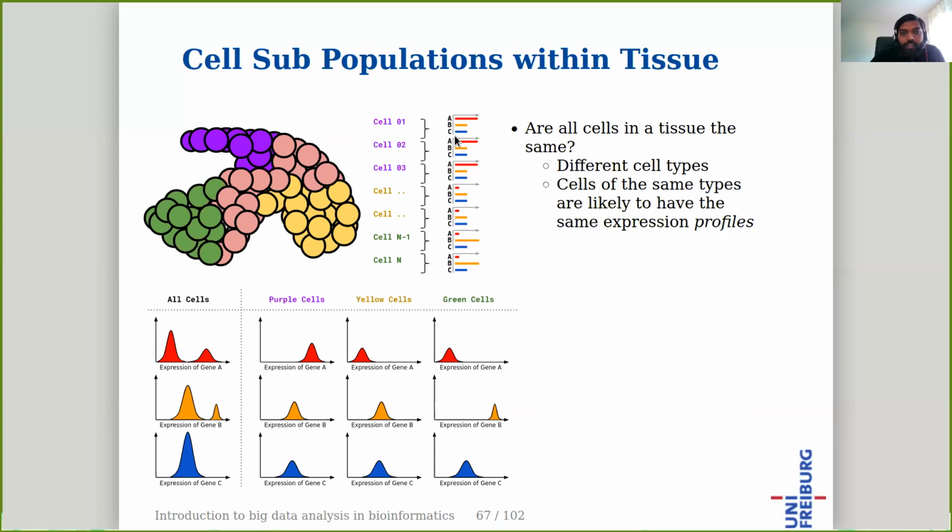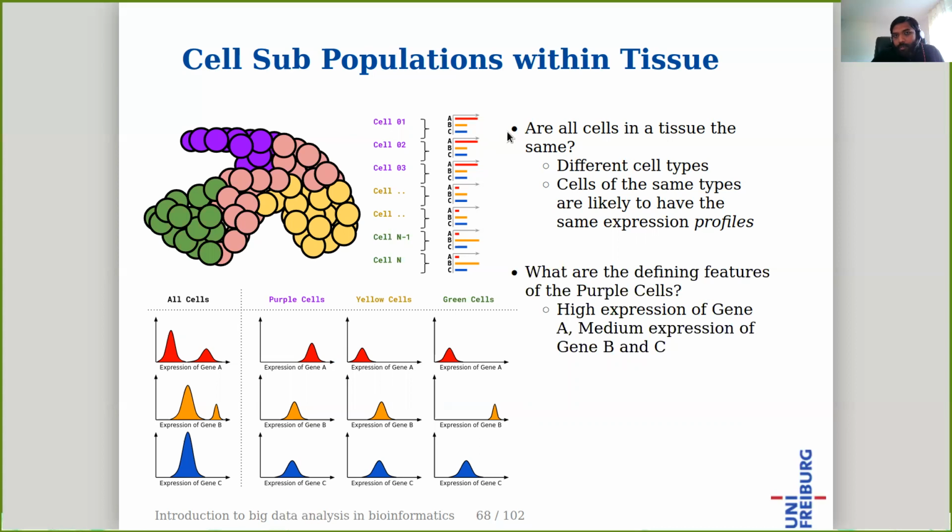You can really see this when you look at individual cell profiles, but when we take all the cells together, we see distinct expression profiles. For example, for gene A, either high expression or low expression, so you see two different peaks here. Same for gene B, you have a moderate expression or a higher expression, and for gene C, the expression doesn't change across all the cells in this tissue, you see a constantly same expression.